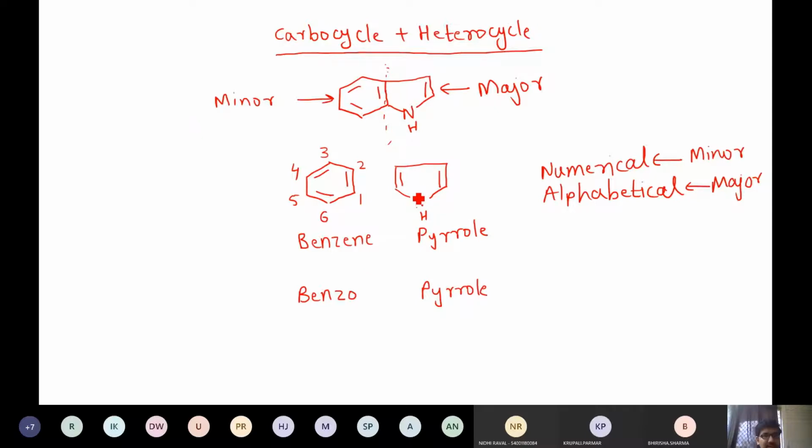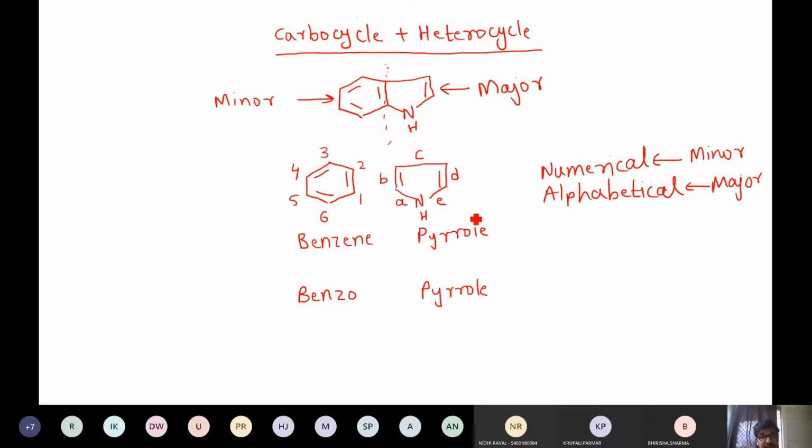Now, following the same thing, we are going to define the bonds in such a way that the bridge atoms get the lowest alphabet. So if you start with A here, B here, C, D and E. Is that correct? If you go clockwise in this particular direction, the bridge is getting the lowest alphabet. Are you with me, all of you?